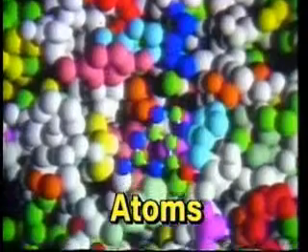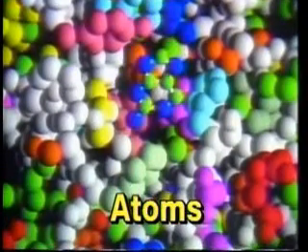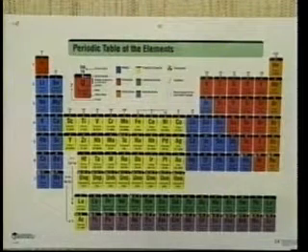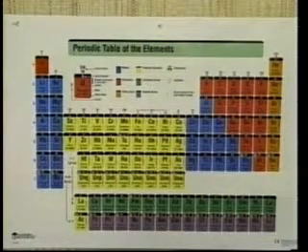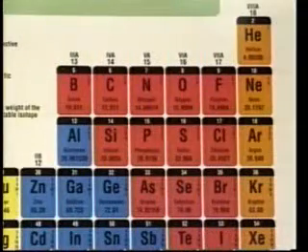Let's review for a moment now what we've covered in this program. First, we studied atoms, which chemists call the building blocks of matter. Next, we discussed the periodic table, chemistry's unique blueprint for the world around us.